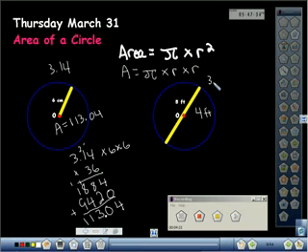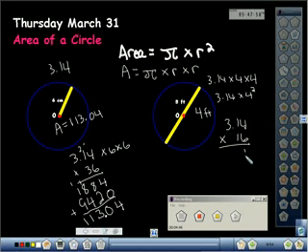So it would be 3.14 times 4 times 4. Or another way you might see it, I want you to be familiar with this, 3.14 times 4 squared. Notice the 2 is up at the top. That means 4 times 4. So 4 times 4 is 16. So now we have 3.14 times 16.